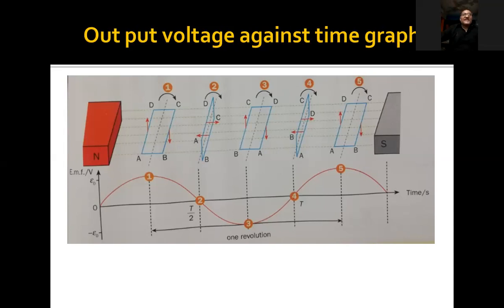So this is how you apply Fleming's right hand rule on the generator. By applying Fleming's right hand rule, I am able to tell the direction of the current which is induced.